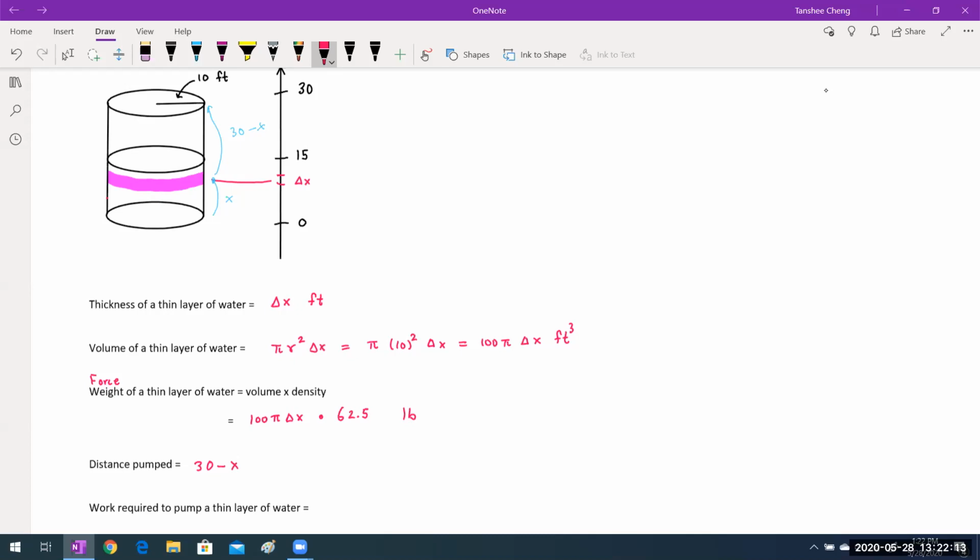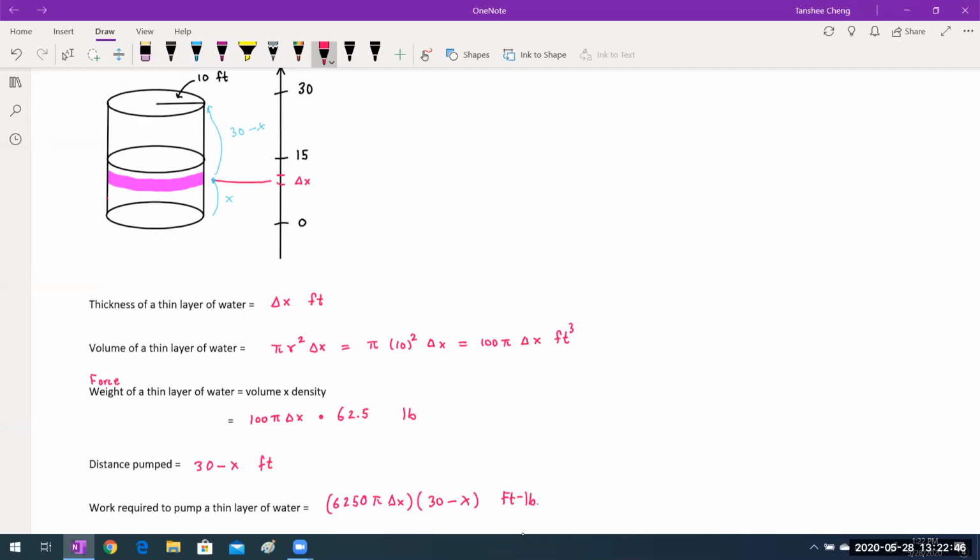When I multiply, this will be 6,250 pi delta x, that's the force, times the distance, which is 30 minus x. And remember, this is in feet, and this is going to be foot-pounds. So that's basically one layer of it.